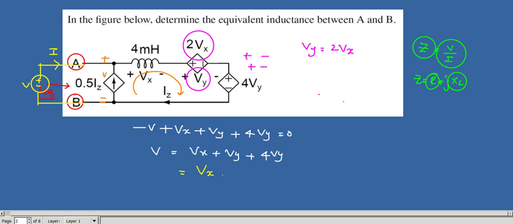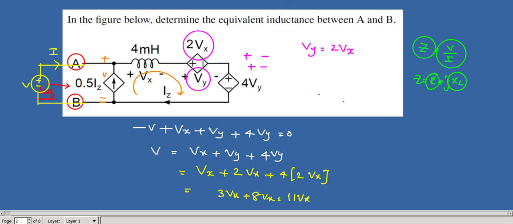Vx plus Vy is how much? 2Vx plus 4 into 2Vx. So 3Vx plus 8Vx, that equals 11Vx.